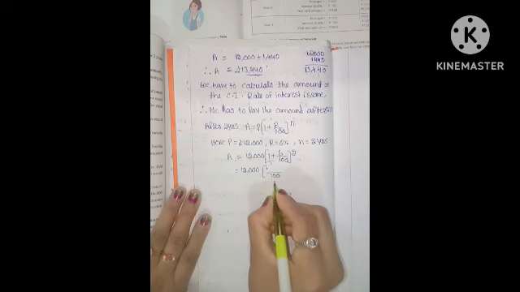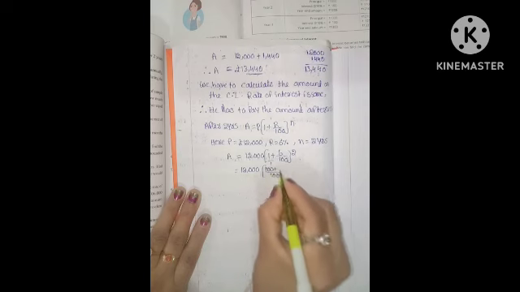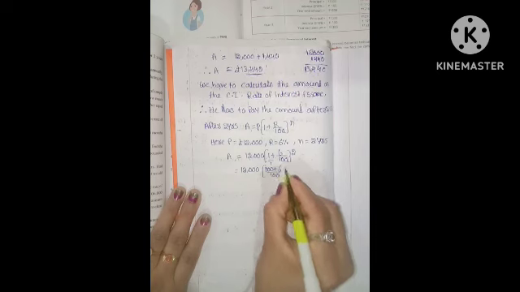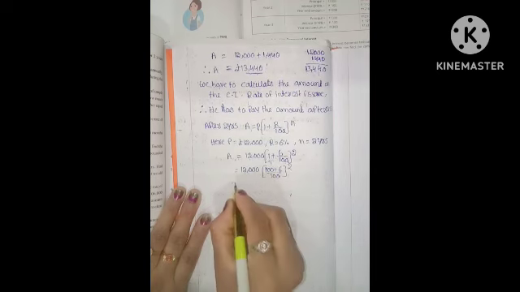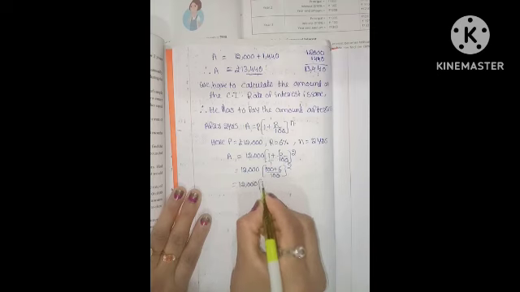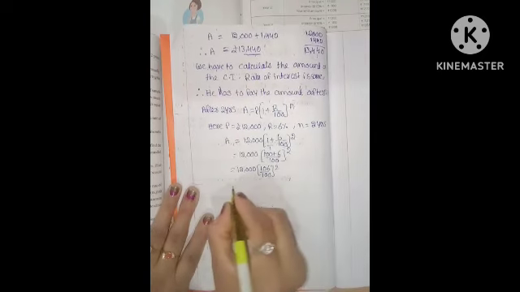So 1 into 100, 100 ones are 100, plus the denominator is the same; you write the numerator as it is. So next, 12,000 into (100 plus 6 is 106 by 100) whole to the power of 2 only.